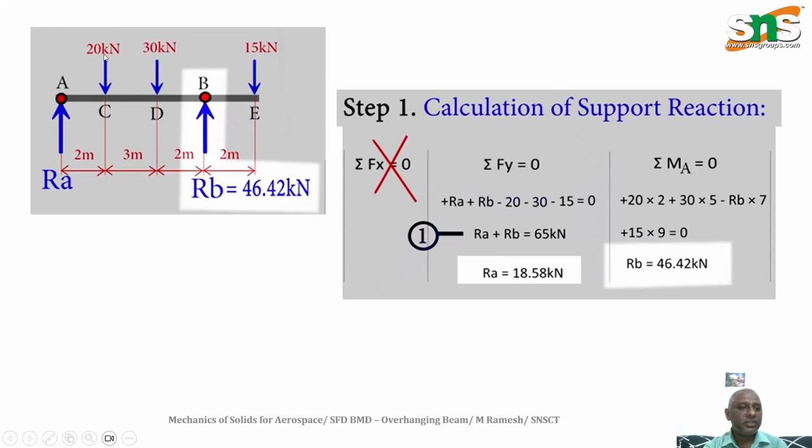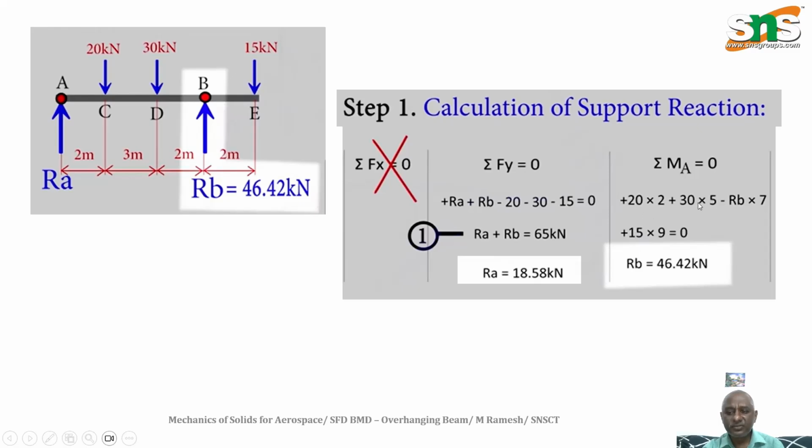So 20 into 2, plus 30 into the distance 5, minus RB into 2 plus 3 plus 2, that is 7, plus 15 into 9. All these three loads will have a clockwise moment, and only RB will have a negative bending moment.